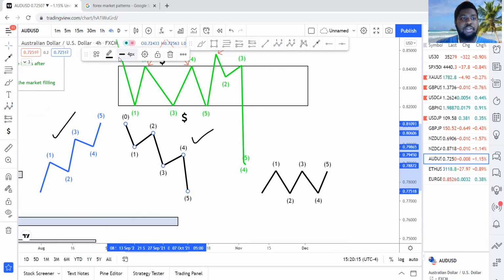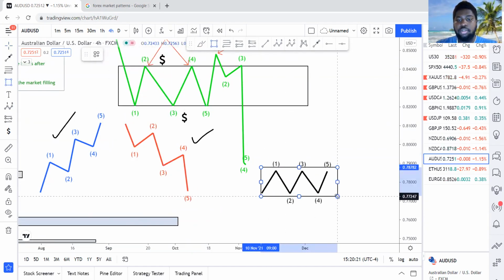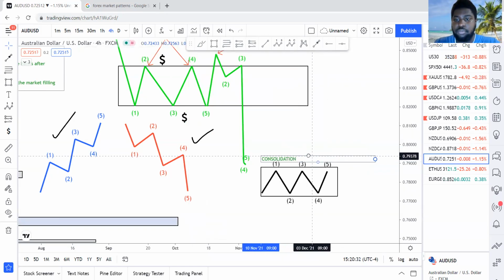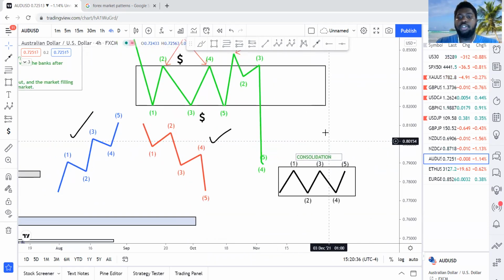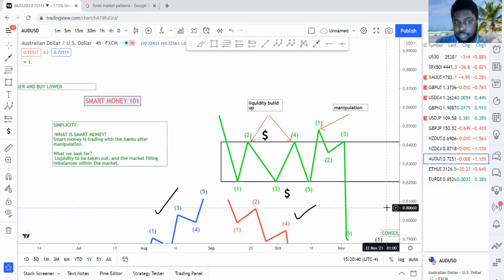Put a square over this, make that red. This is a consolidation market. I believe I spelled that correctly. This is what we're going to be focused on, this market here.